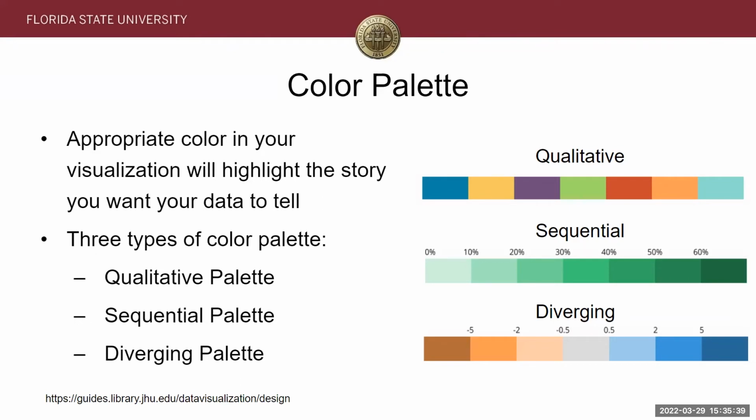And then the third type, similar to the second one, is our diverging palette. What this is good for is data that has a meaningful central value.